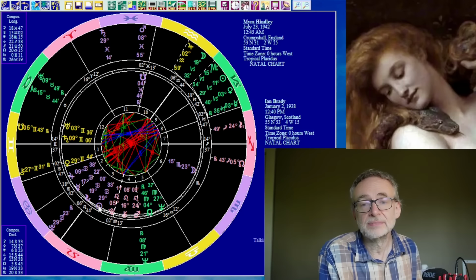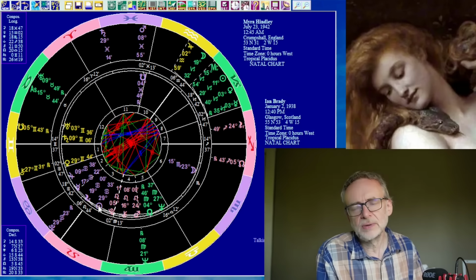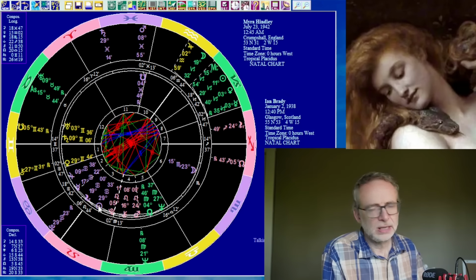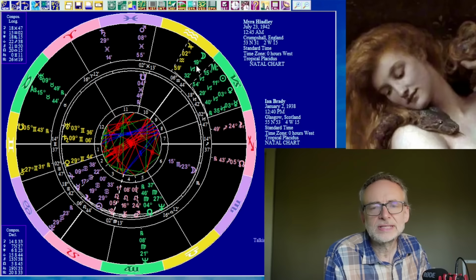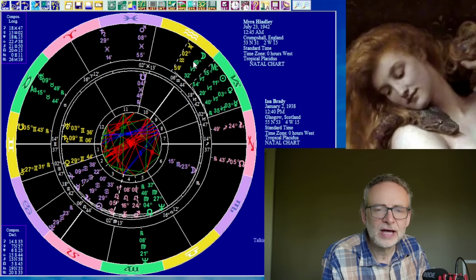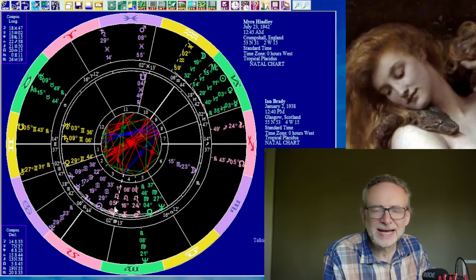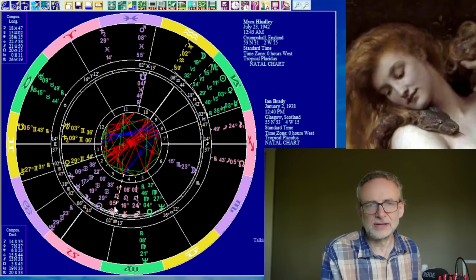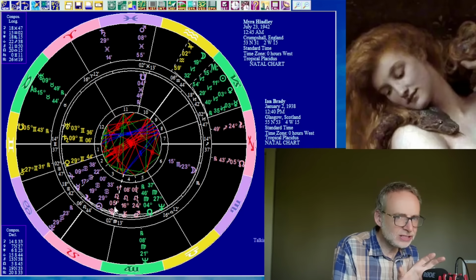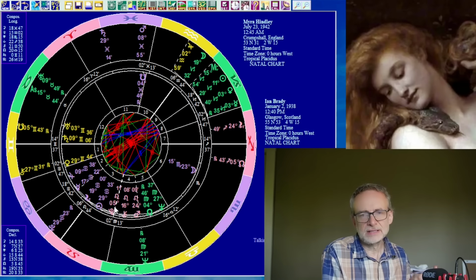I don't know how that happened, but we know when they were both born, and his Moon was at 19 32 Capricorn, so his Moon was in opposition to her Lilith. I'm thinking that Moon in Capricorn was actually activating her Lilith. I just think that was quite an interesting piece of synastry between Ian Brady and Lilith.